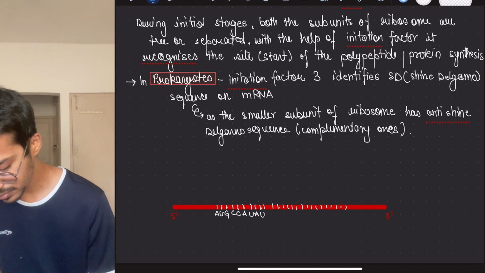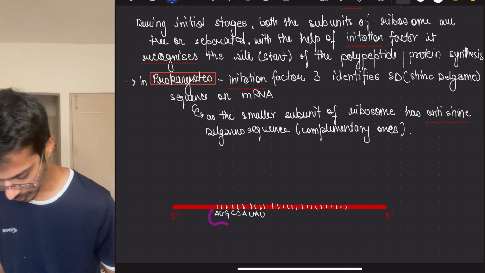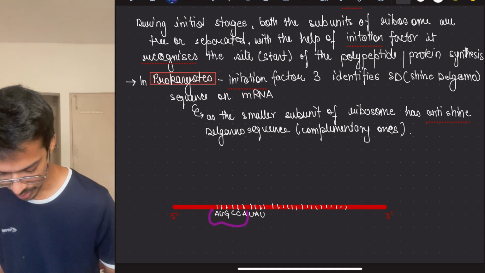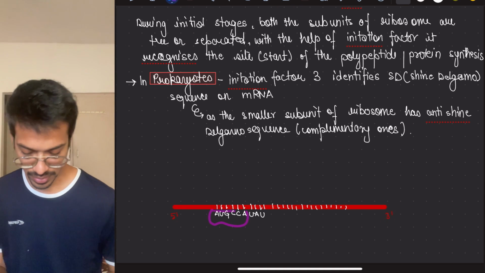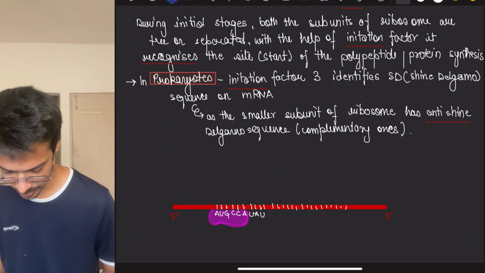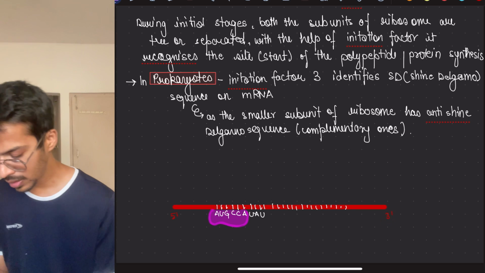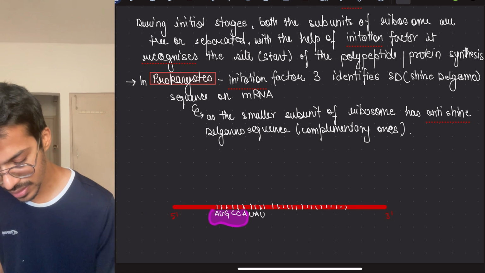So it will join like this. So you can easily see that this part is now joined by the smaller subunit. Understood this part?